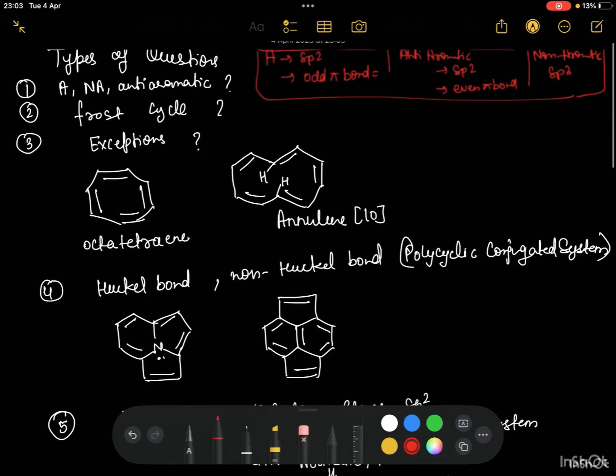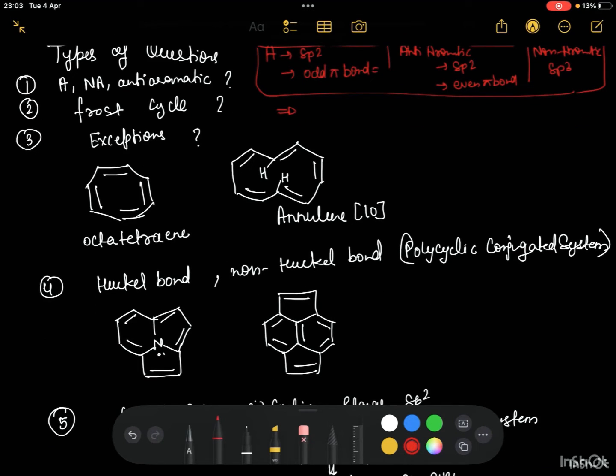So what is the Frost cycle here? If I have this benzene, I make the bonding and anti-bonding molecular orbitals. These are bonding, this is the Fermi level, and these are anti-bonding molecular orbitals. Benzene has 6 electrons, so we fill one by one: 1, 2, 3, 4, 5, 6.